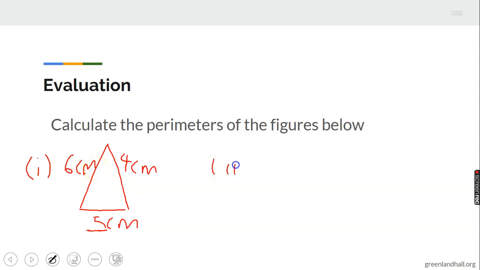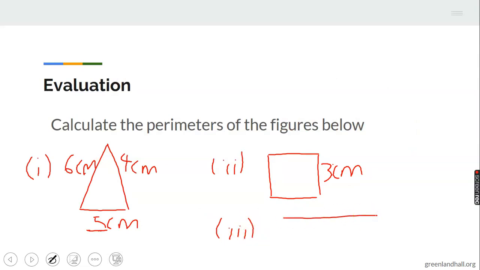Then we have another one, a square, which is 3 centimeters. And okay, let me add one to it, which is the third one, a rectangle. So this is 5 centimeters and this is 7 centimeters. So you have to find the perimeters.